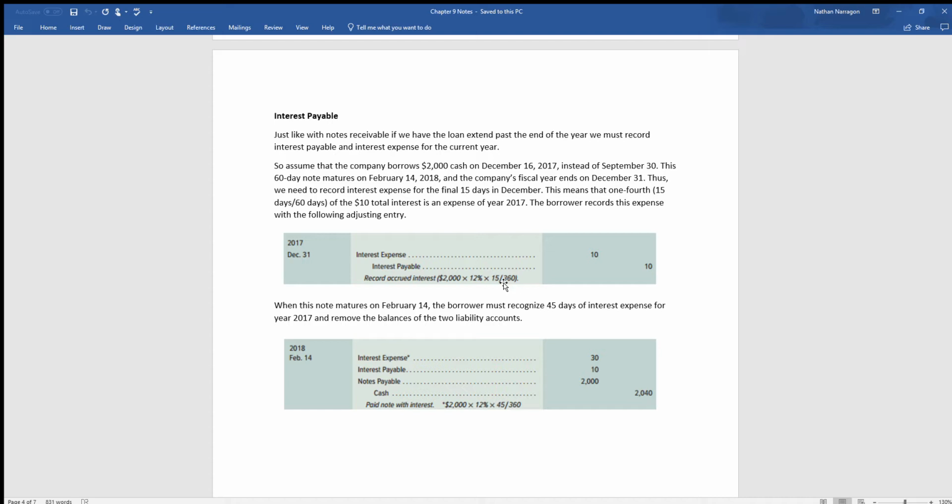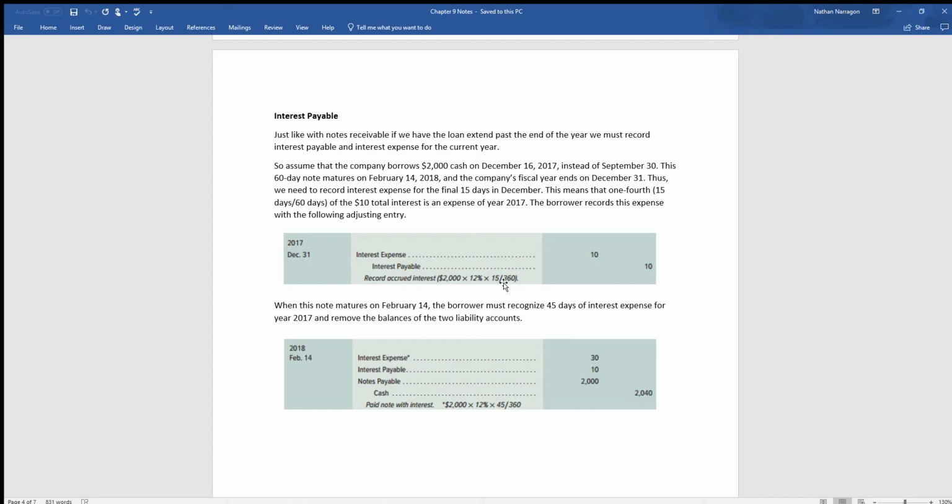So when that note matures on February 14th and we finally pay it, because we don't want to get in trouble, we now get to recognize all the interest that is left. This is about 45 days' worth. Remember, 60 minus 15 is 45.